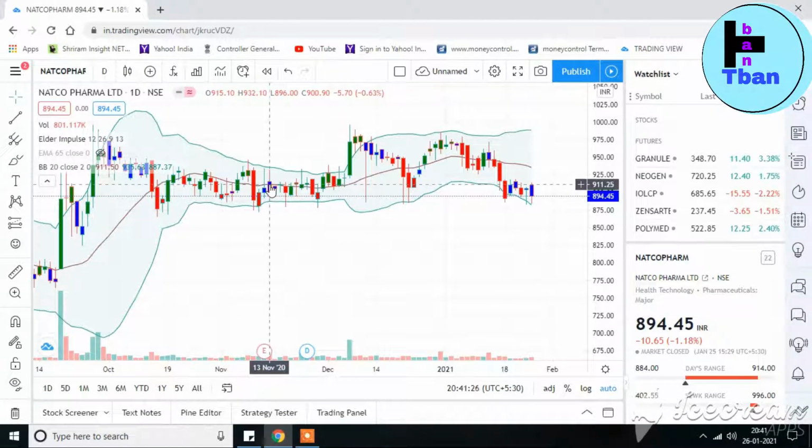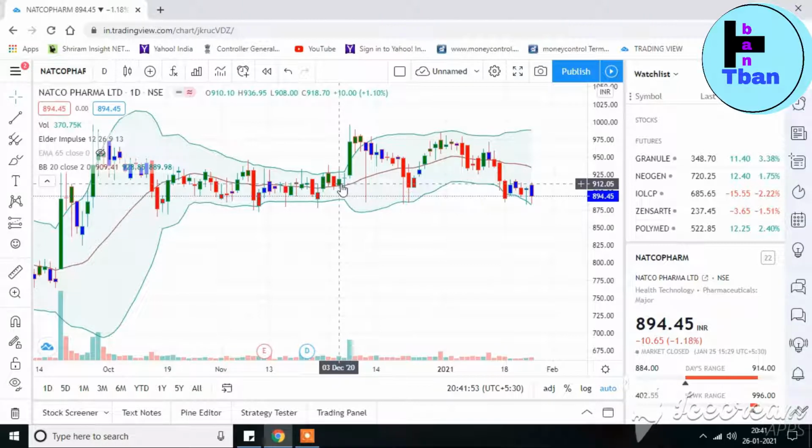When the green candle forms above the blue candles, here the blue candle's high is 932. So you can enter particularly from this place. Here the candle is 936. Your entry point is 936.